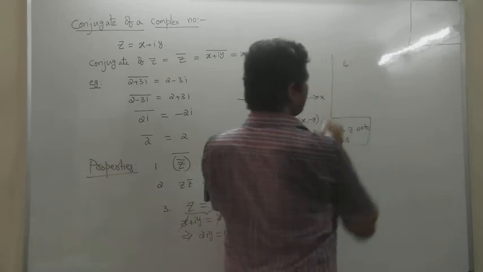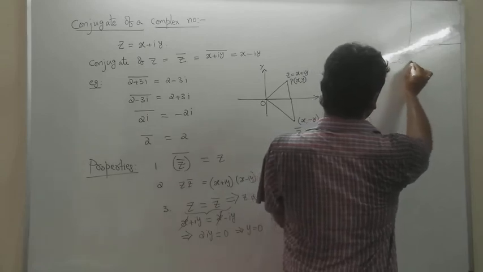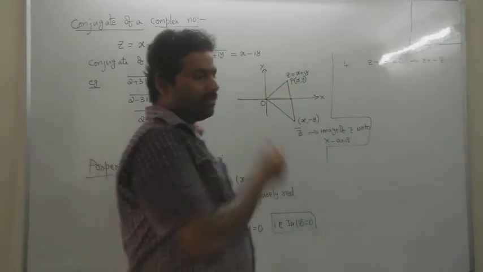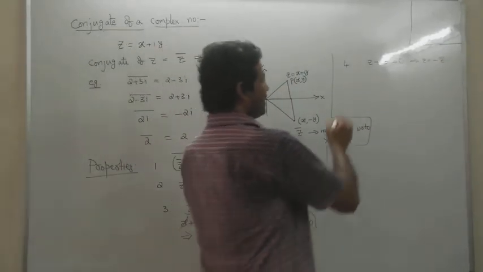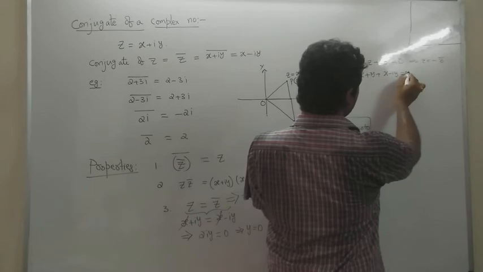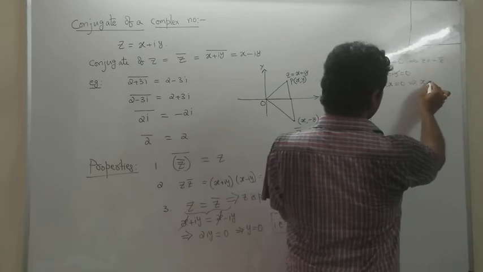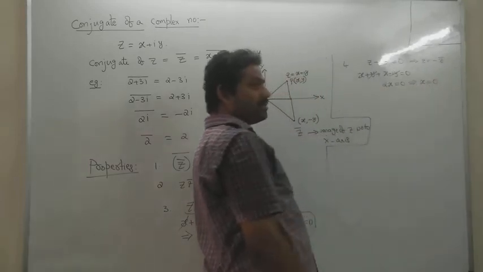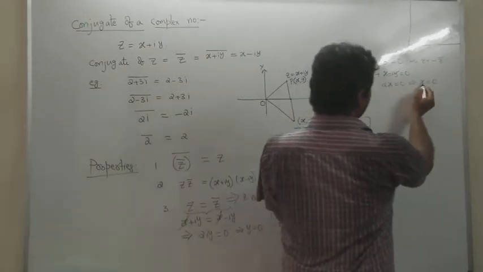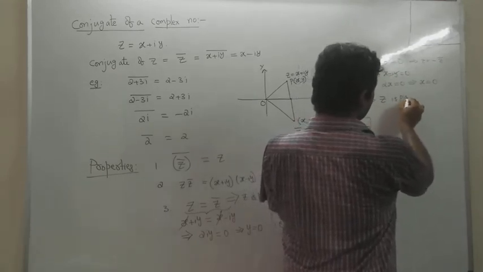Next, fourth point. z plus z bar equal to 0. What is that meaning? z equal to minus z bar. What will happen? x plus iy plus x minus iy equal to 0. iy cancels, 2x equal to 0, which implies x equal to 0. x equal to 0 means the real part of z is 0, which implies z is purely imaginary.